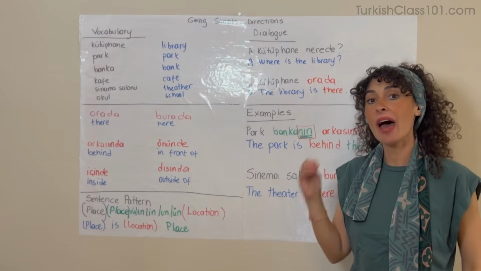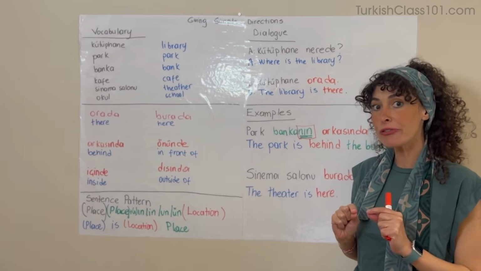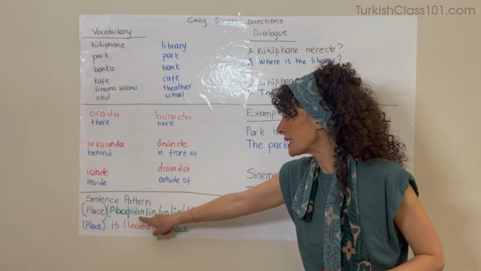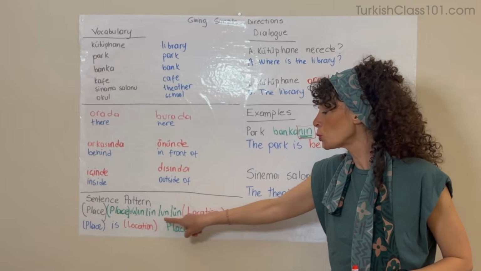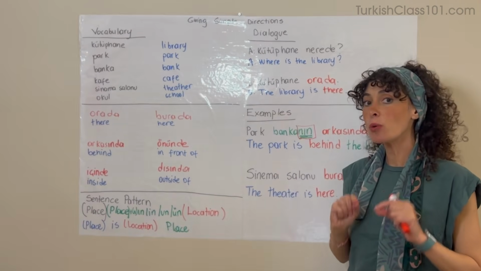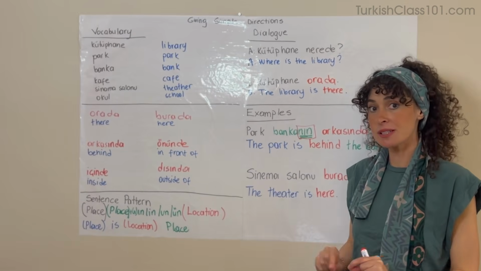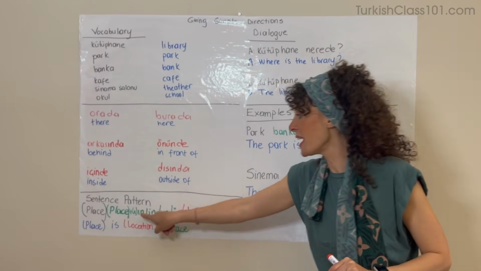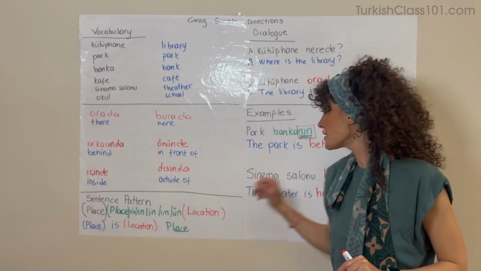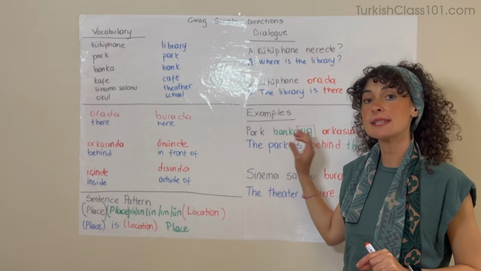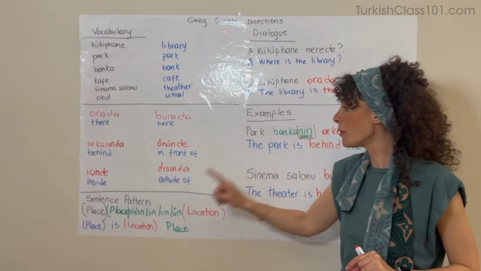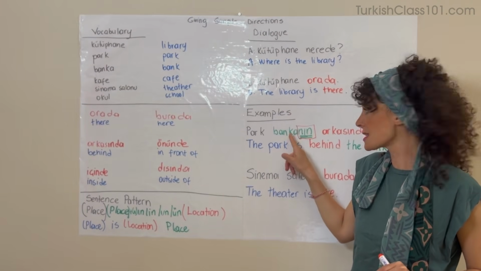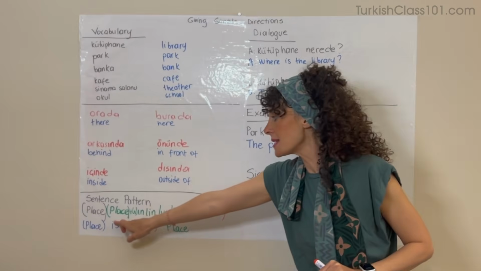But we have to add a suffix, in, un, ün. Now this is a little complicated, but in Turkish, vowel harmony rules change the vowels according to the word. This is another rule. But for now, remember that one of these suffixes comes to the second place.